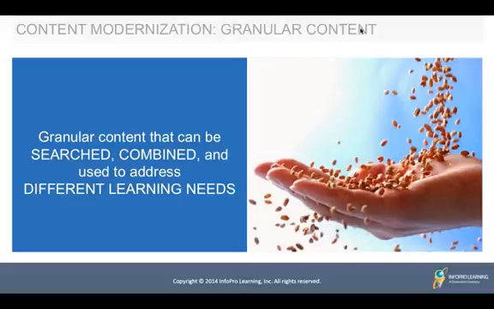The first and very important architectural change: granularity. Granularity essentially involves making the content modular at a level that allows it to be searched, combined, and used to address different learning needs. It's very similar to the way today's music is recorded.